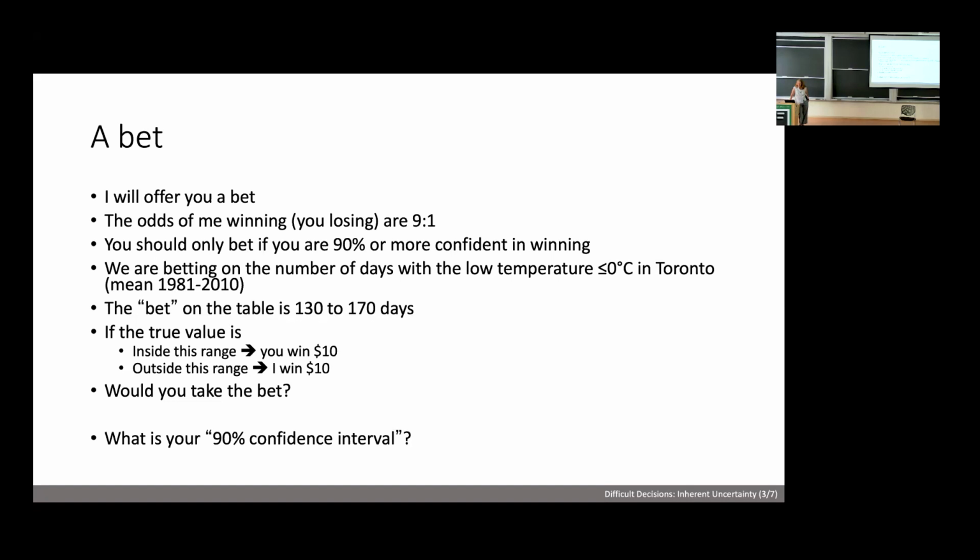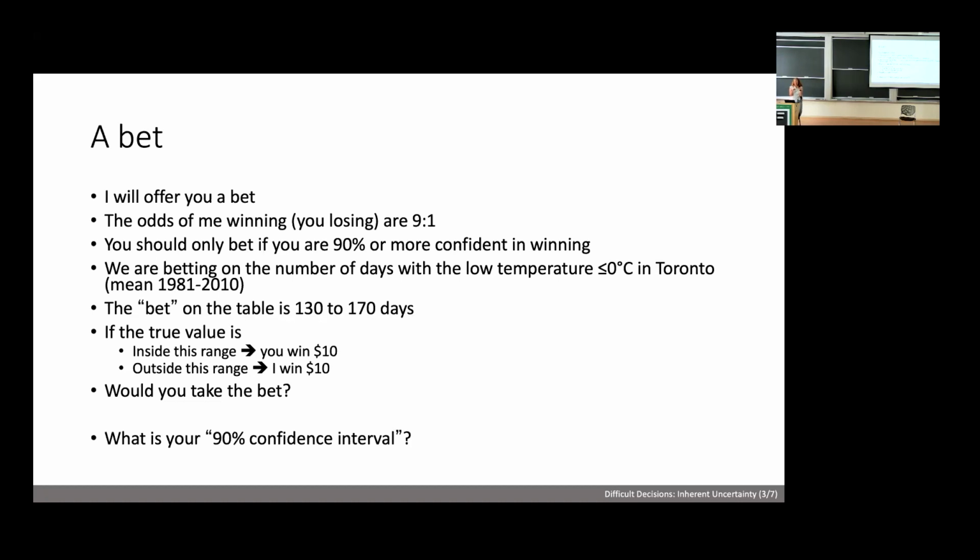So the bet on the table is that the temperature is equal or below 0 degrees Celsius in Toronto for 130 to 170 days in a year. If the true value is within that range, you win $10, 10 imaginary dollars. If the true value is outside that range, I win the 10 imaginary dollars.